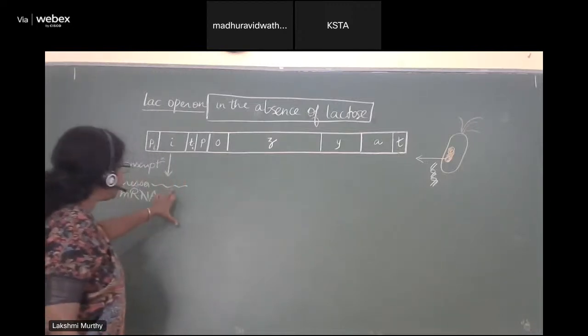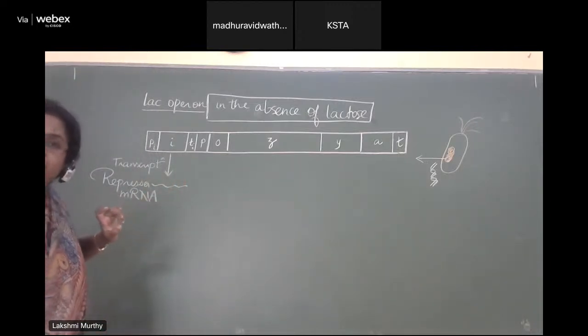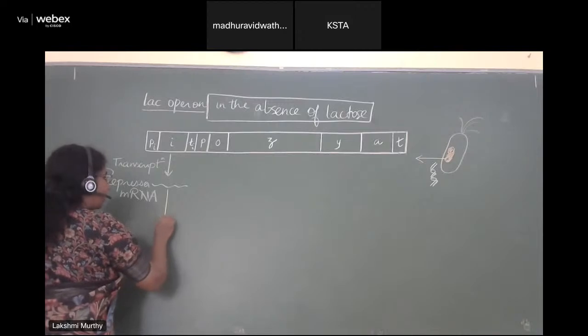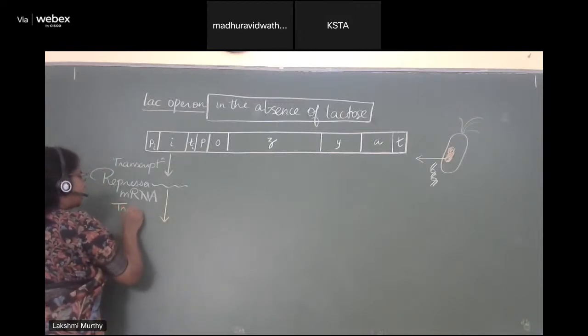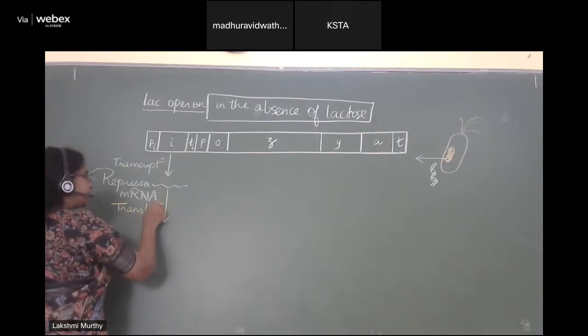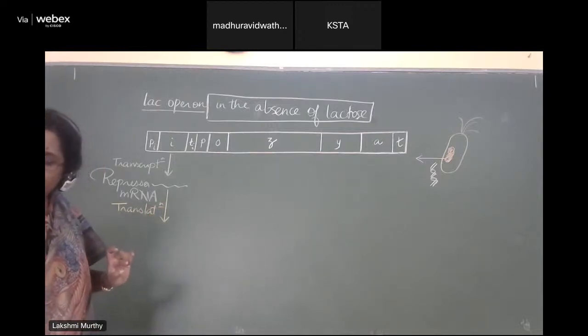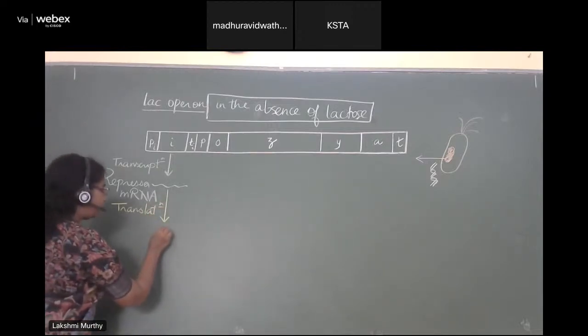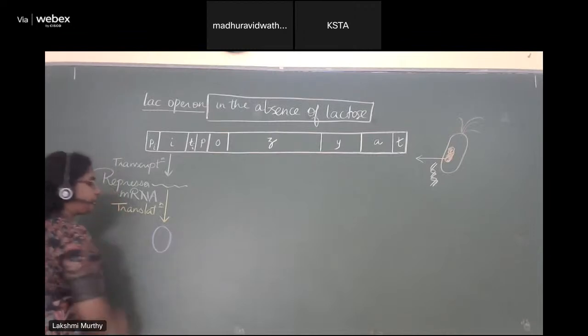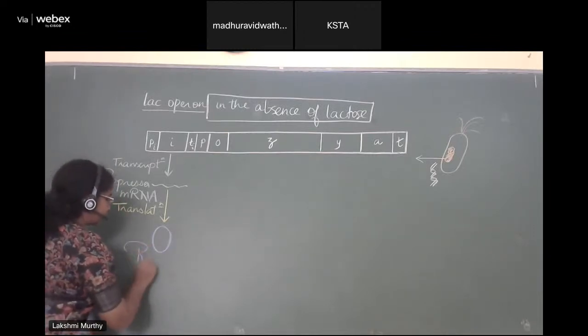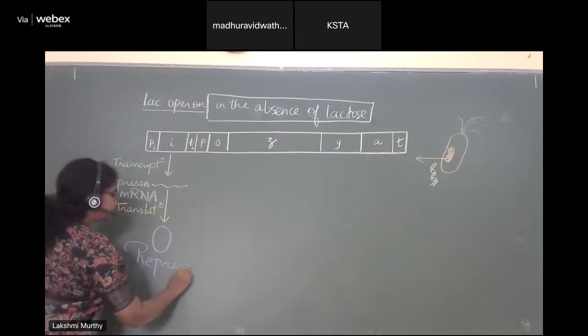So a repressor mRNA is made. This repressor mRNA will now undergo another molecular process called translation. When it undergoes translation, it is going to produce a particular protein which is called repressor.